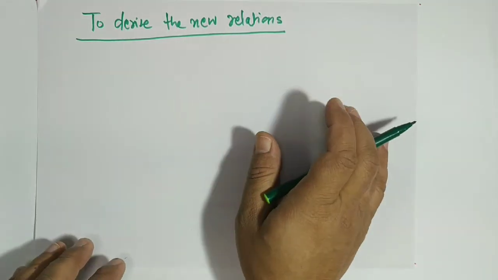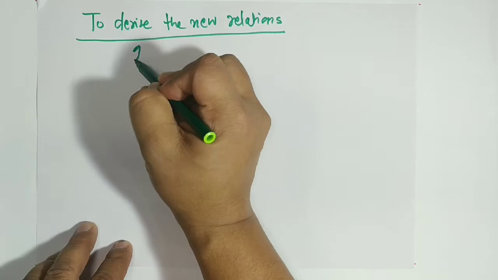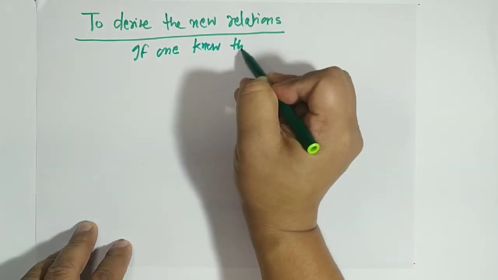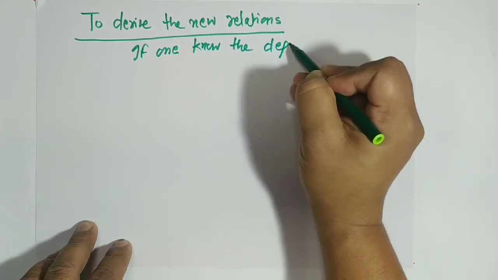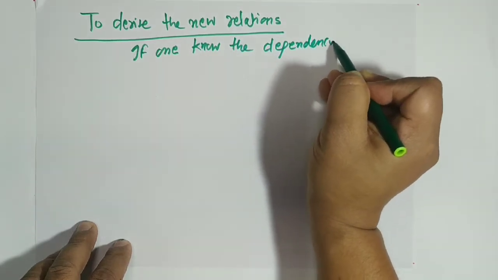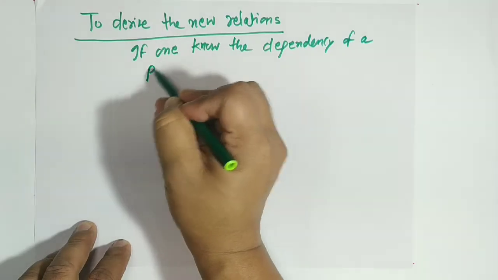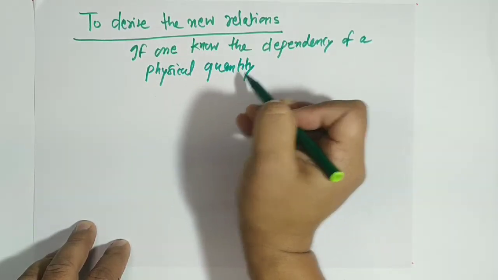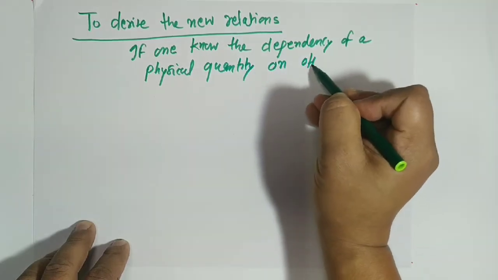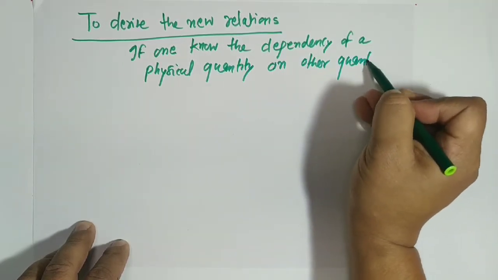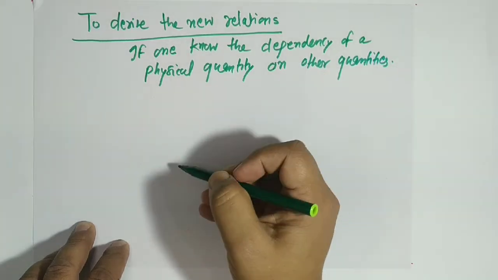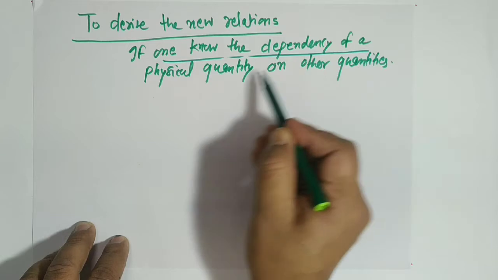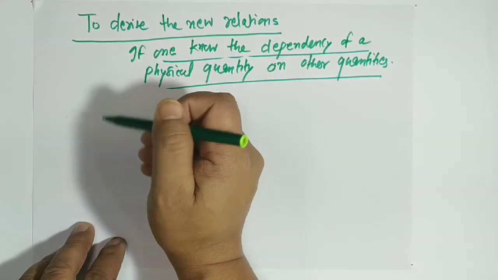And you know that it is only possible if one knows the dependency, that means if one physical quantity is dependent on other quantities. So if one knows the dependency of a physical quantity on the other quantity, we can derive the relation.